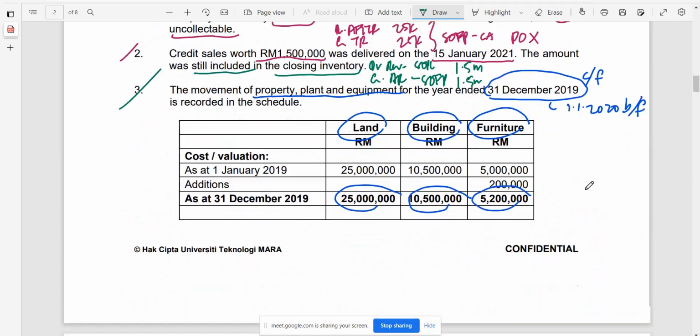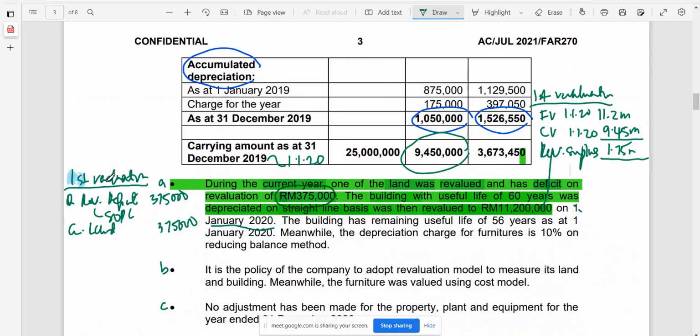Therefore, both are first revaluation, only that this one is a deficit and this one is a surplus. For the journal entry for the revaluation surplus, you will debit building and credit the ARR for building. Do not mix it up. 1.75 million, 1.75 million.